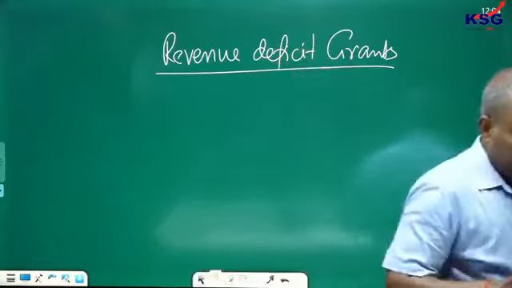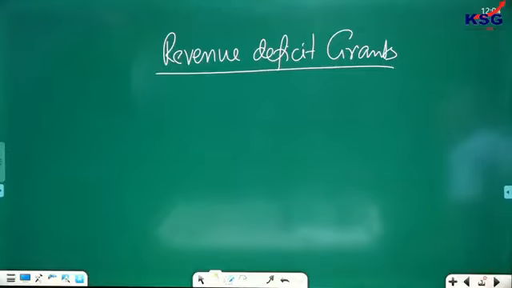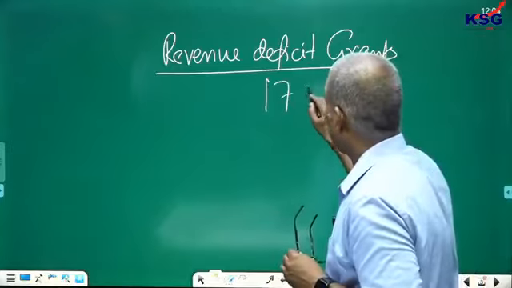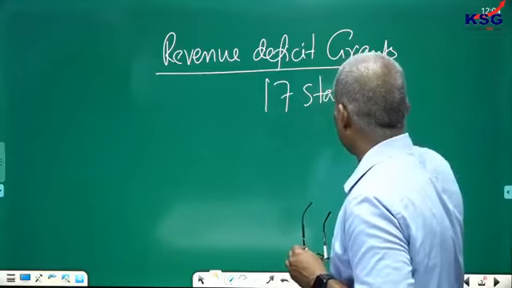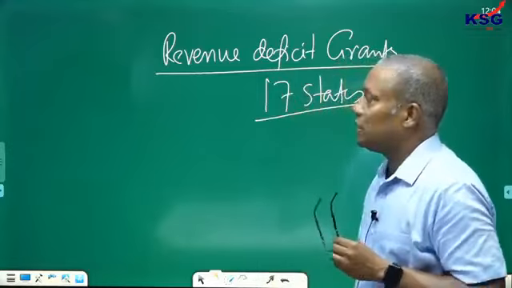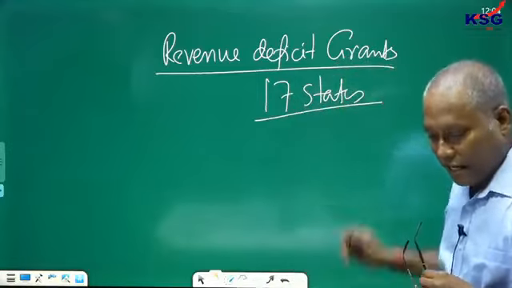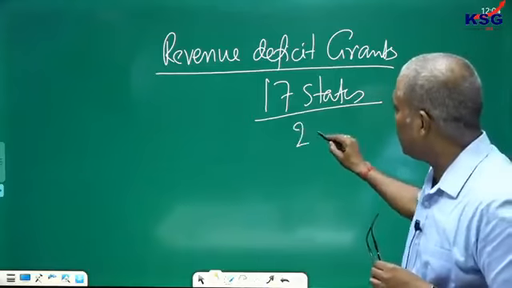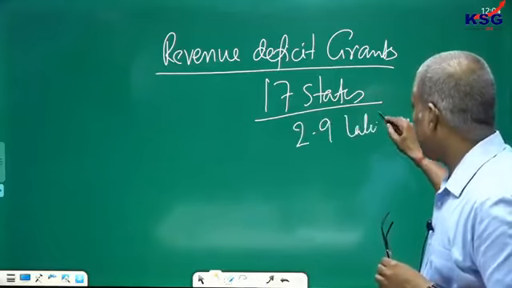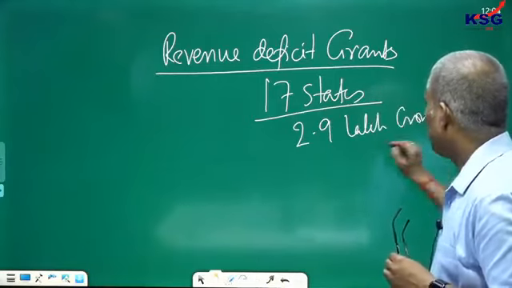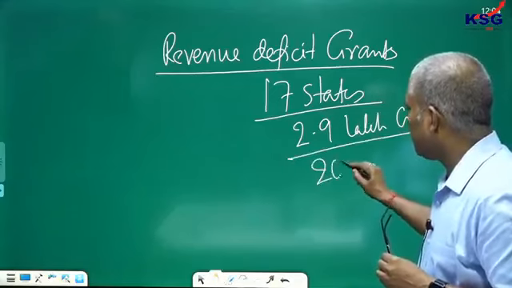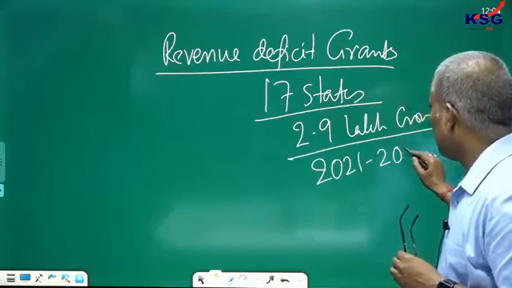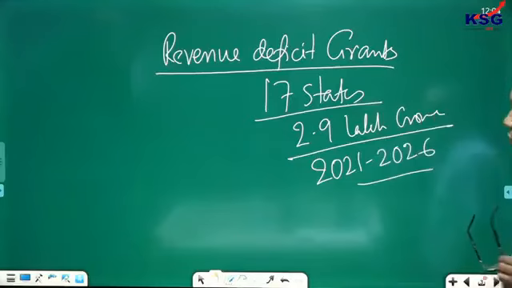Right, under this heading you write 17 states will receive grants. So a total of 17 states in India are given grants on the basis of revenue deficit, and the amount is 2.9 lakh crore, given between 2021 to 26.